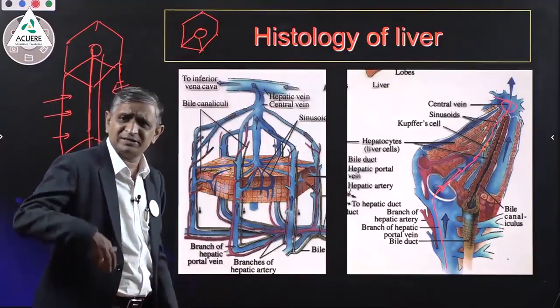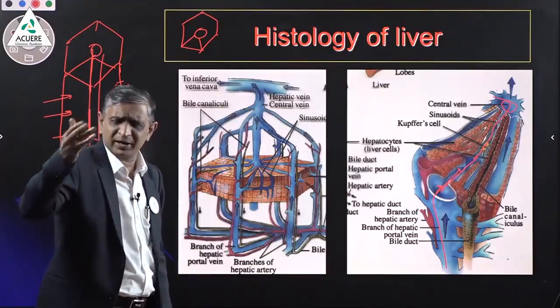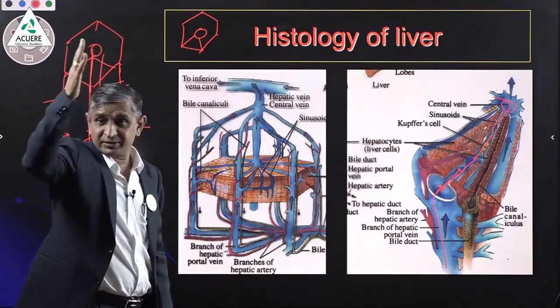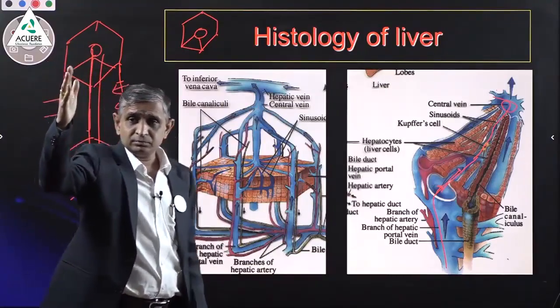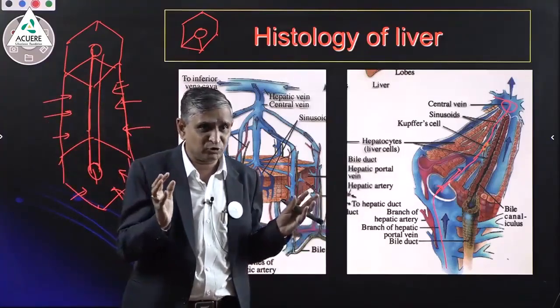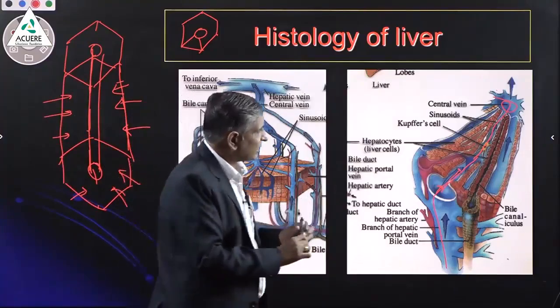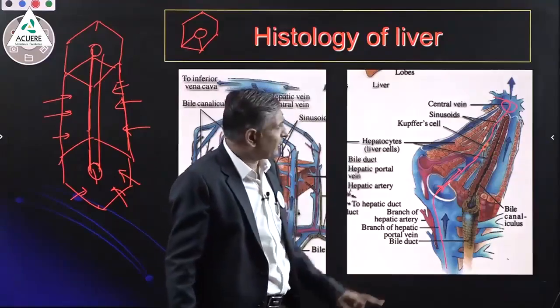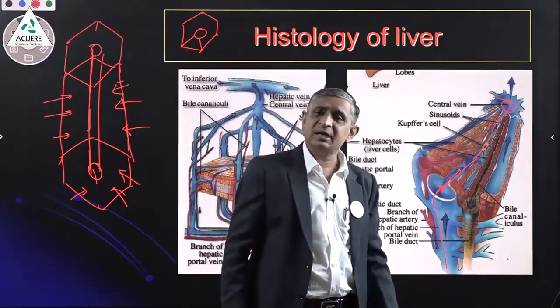The hepatic vein pours its blood into the inferior vena cava. Try to understand a very big thing I am telling you. Blood is being collected by the GIT. It will get exposed to the liver. After exposing to the liver parenchyma, the blood will be moving to the central vein.